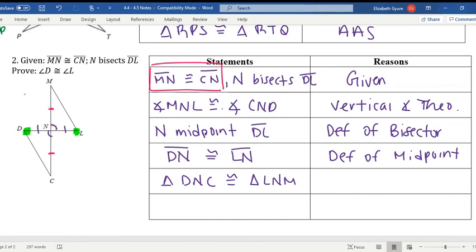What theorem? Stay with me for like 30 seconds, guys. Ella? Side angle side. And then how can we now say that angle D is congruent to angle L? Nick? Corresponding parts of congruent triangles are congruent. CPCTC. Excellent. How do we feel about this stuff, guys?